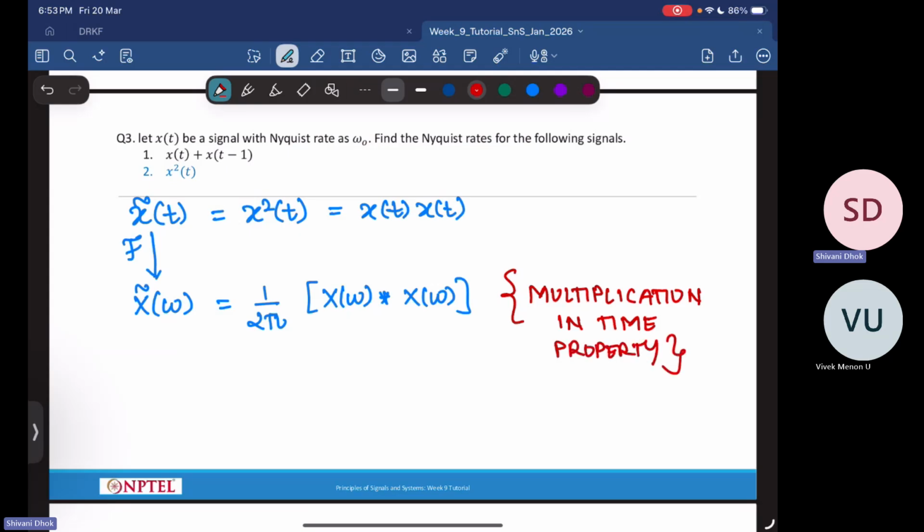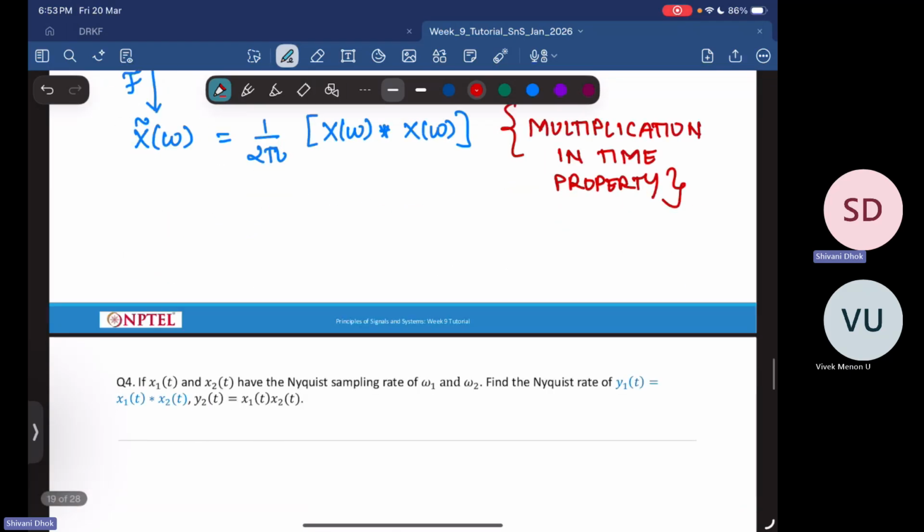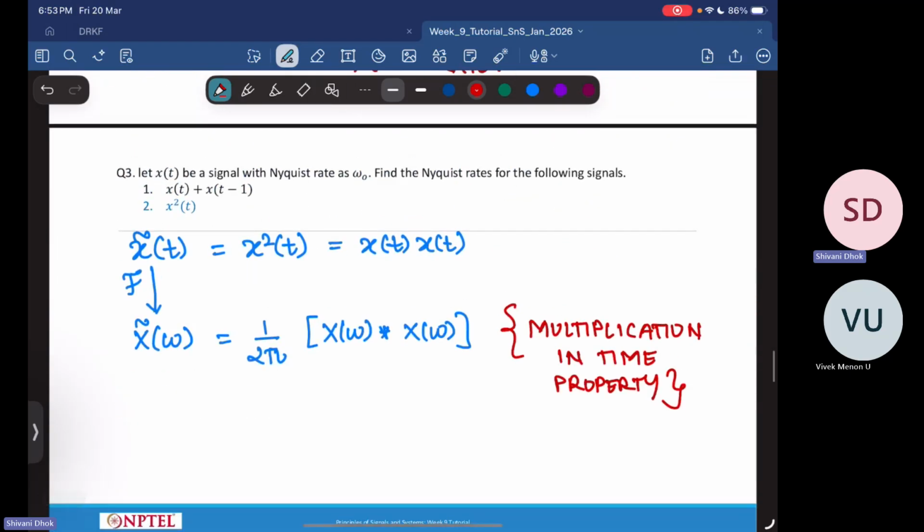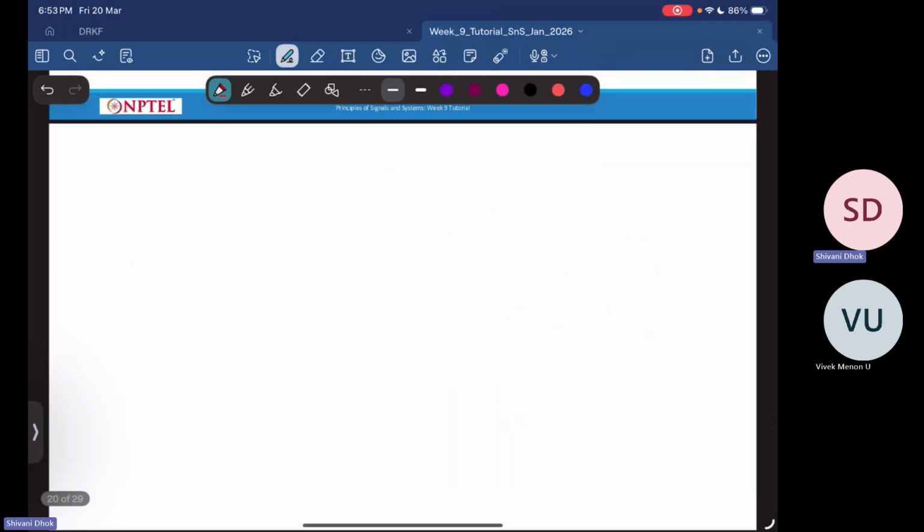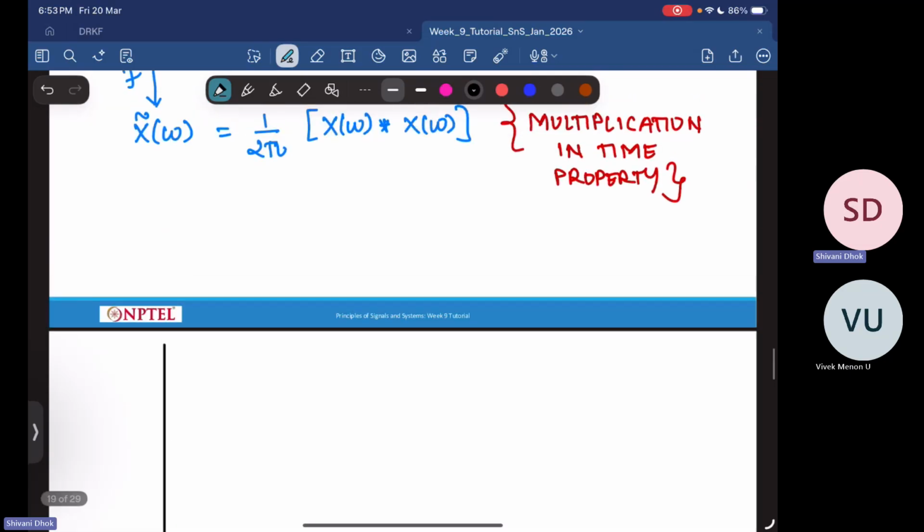Now this convolution is definitely going to change the maximum frequency that is present in the signal. So how does it change? I think we have seen it once, but still let's do it. It's worth doing. So this convolution, how can we write? We can write it as 1 over 2 pi integral from minus infinity to infinity X of lambda into X of omega minus lambda d lambda.